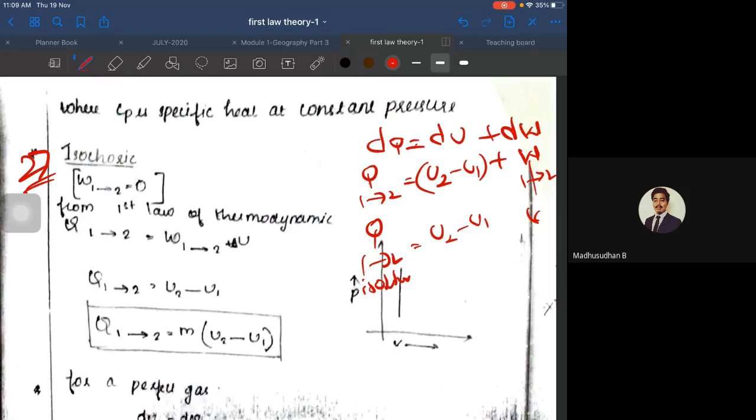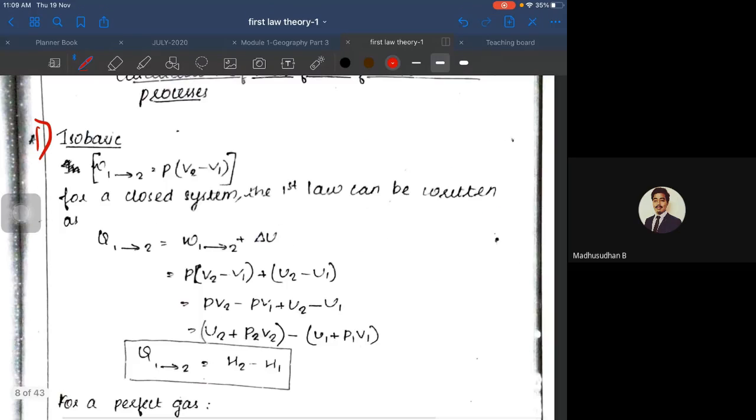So Q1 to 2 for an isochoric process is just U2 minus U1 because this is 0 here. So how do you calculate the heat transfer for an isochoric process? You need to subtract internal energy. How do you calculate the heat transfer for an isobaric process?